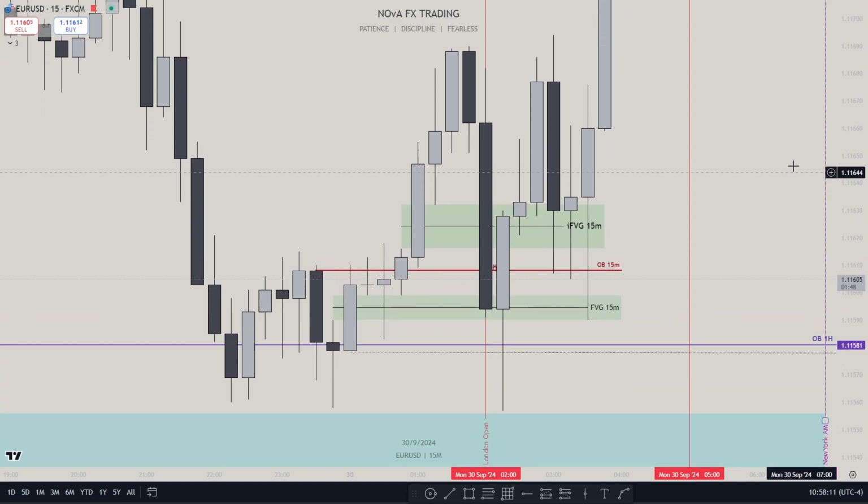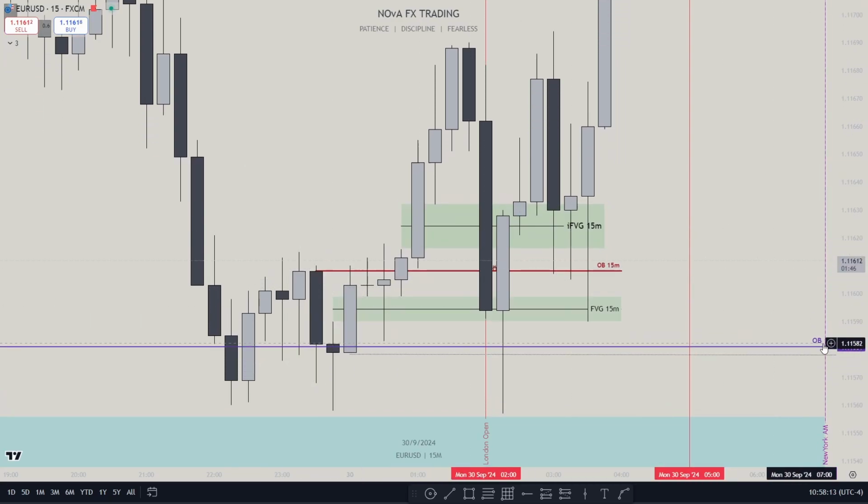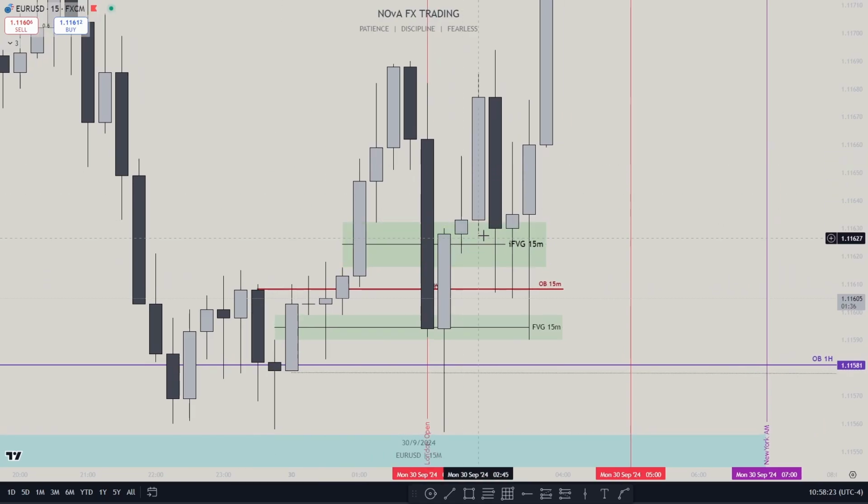An order block here, which is dropping into the 1 hour higher time frame order block. So we're going to put the opening price of this 15 minute order block here, and I'll tell you later how price is respecting all these PD arrays.